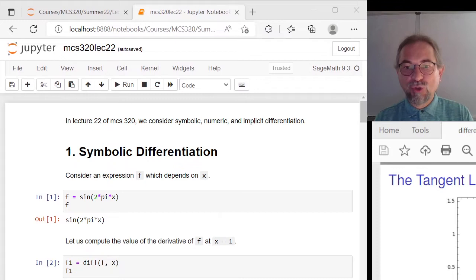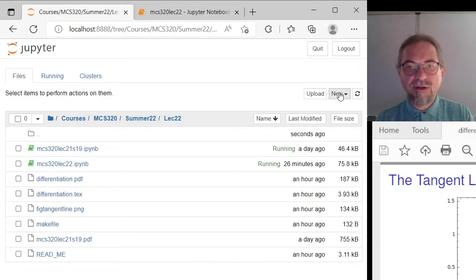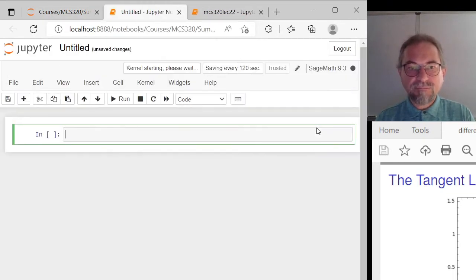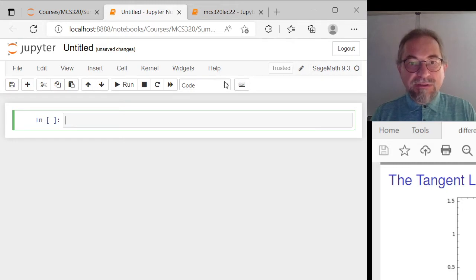So I have a Jupyter notebook prepared, and in case I blank out, I will swap to the prepared notebook, but let me build up the notebook step by step. So in this lecture we consider symbolic. So this is lecture 22 of the 8-week summer session.